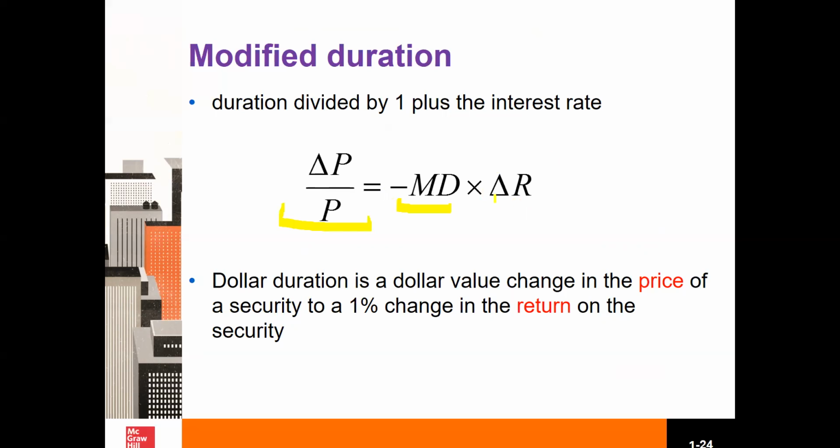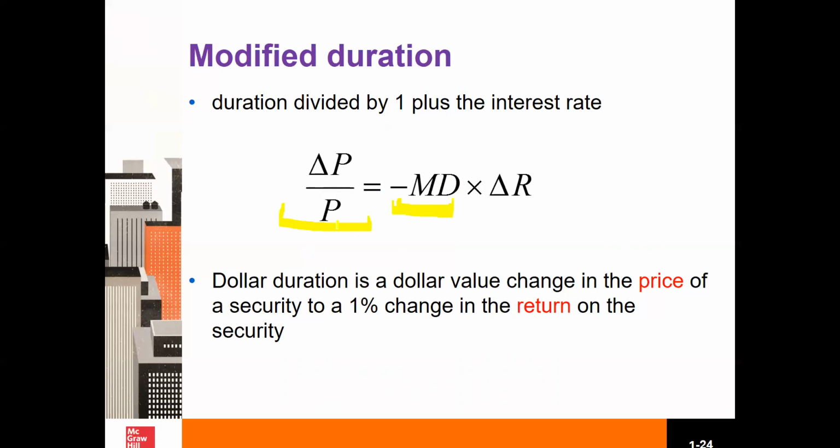Now, we also can use the dollar duration term to calculate the dollar change in price. If we have a dollar duration, which is modified duration multiplied by price, that will indicate how much the price will change in terms of dollars rather than in terms of percentage.